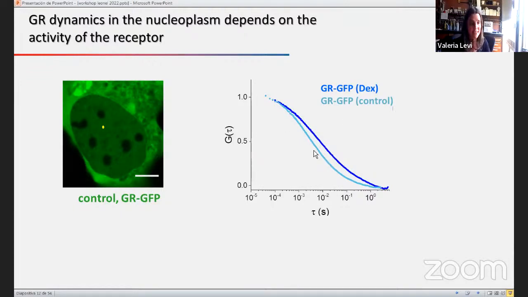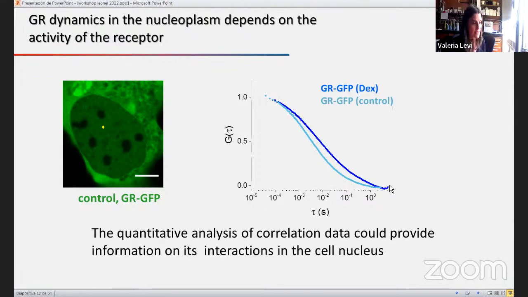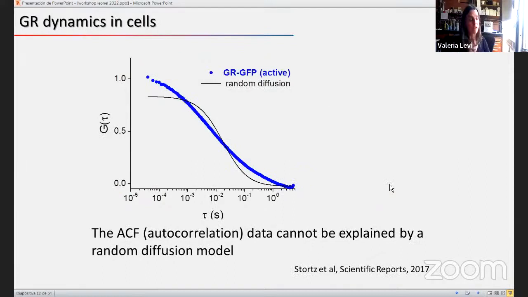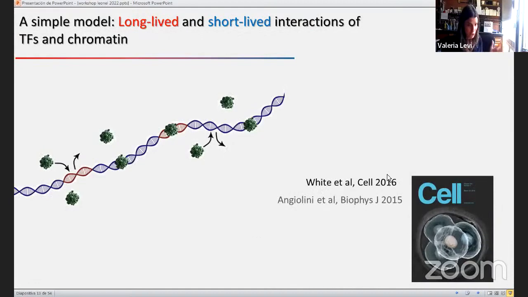And you can see that the correlation curve shifts to higher values of tau when you stimulate the cells. So the question is, can we obtain quantitative information on what is going on with the receptor in these conditions? Of course, we cannot fit this data with a random diffusion model because we know that the receptor is binding to chromatin.